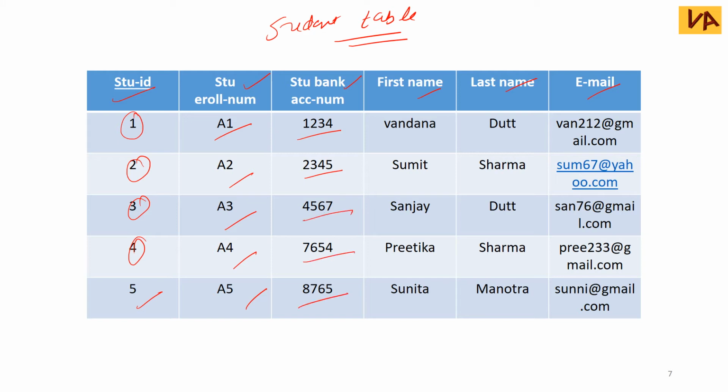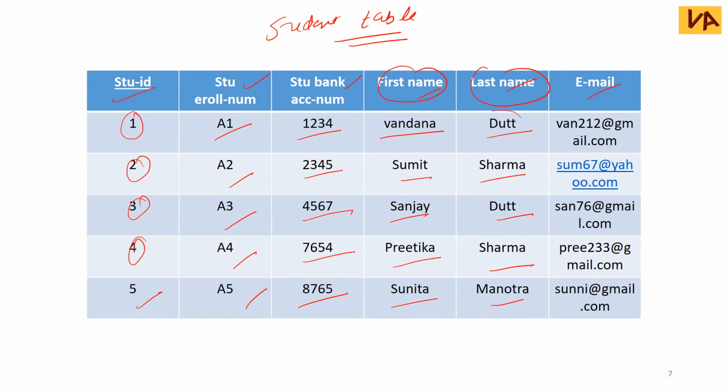So each has different numbers, but in the first name and the last name there can be duplicacy. For example, there are people named Vandana, Sumit, Sanjay, Pritika and Sunita, and in the last names we have Dutt, Sharma, Manotra.